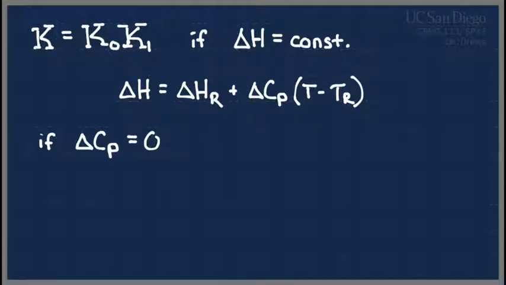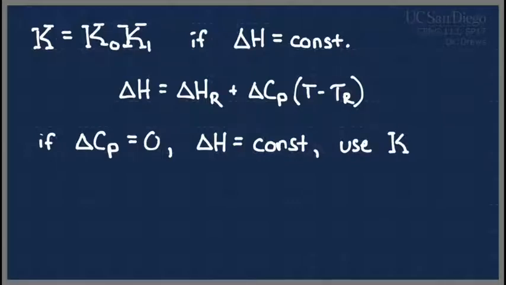So if delta Cp equals 0, this implies that delta H is equal to a constant. And if that's constant, then we can use K shortcut. So our equilibrium K becomes K shortcut.